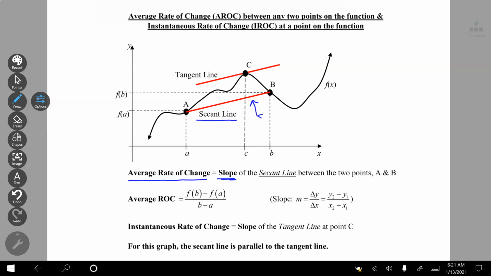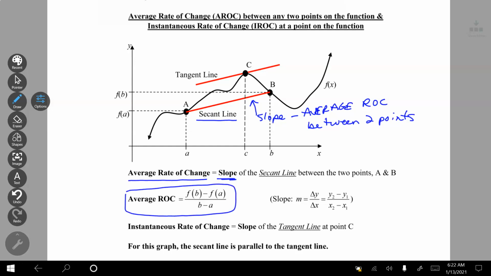So this slope here is the average rate of change between 2 points, in this case between points A and B. Okay, so the average rate of change is just slope, and we do this slope formula, change in y over change in x.